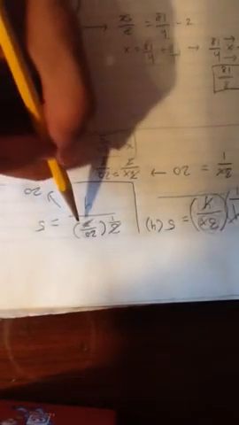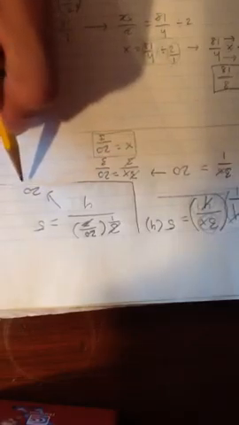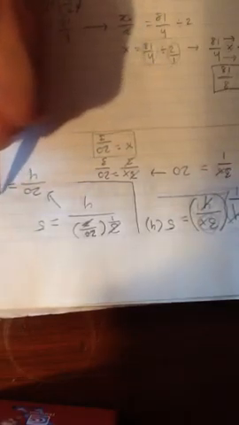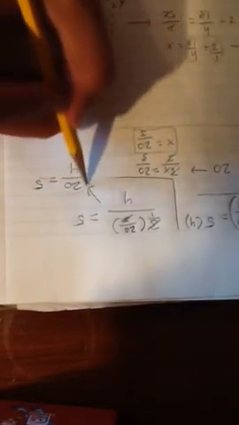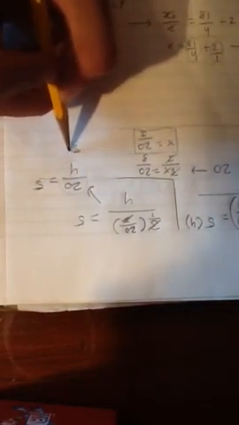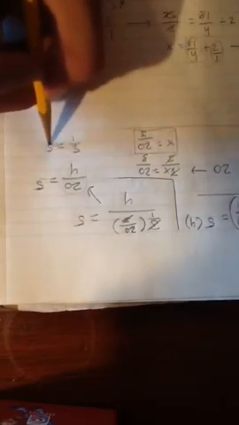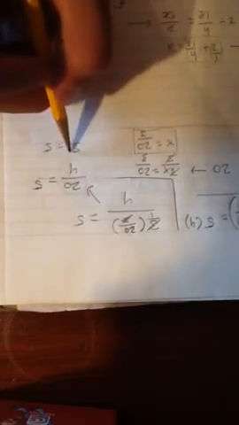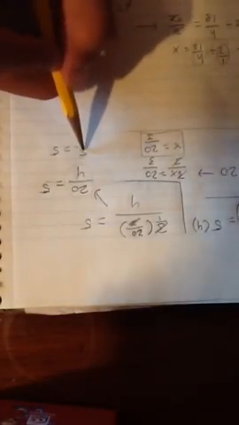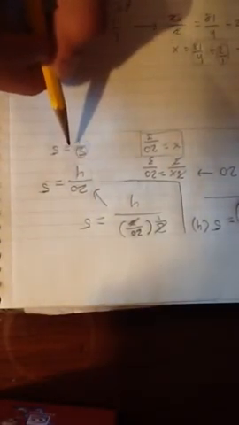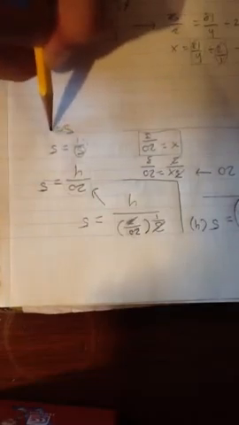So you cancel the 3's out, and you're left with 20 over 1, or just 20 over 4 equals 5. So once you simplify this fraction, you're left with 5 over 1 equals 5. And like I've been saying constantly, any number over 1 is the same as that number in the numerator. So 5 equals 5.